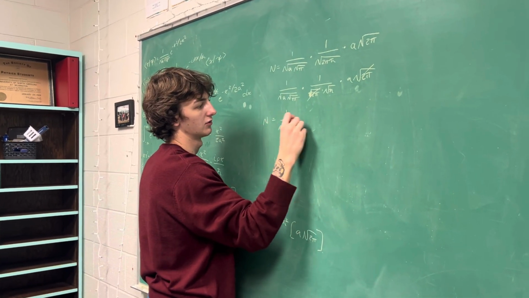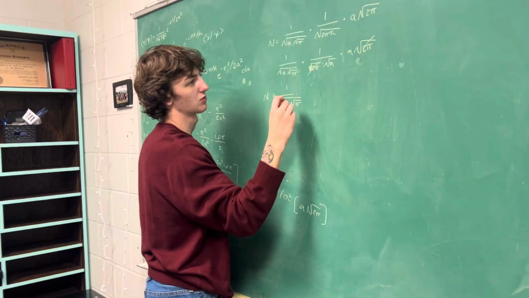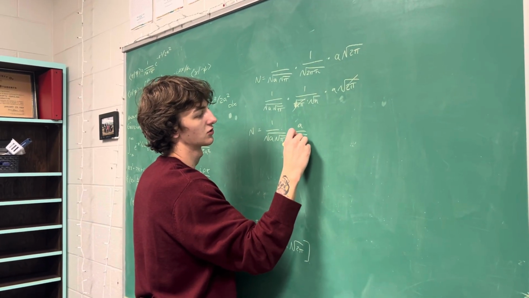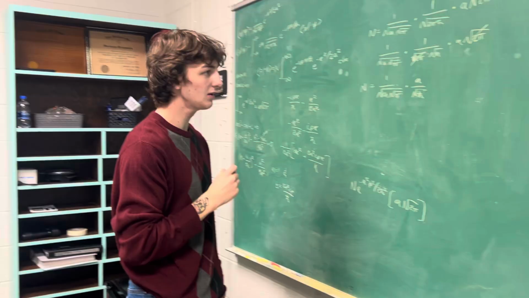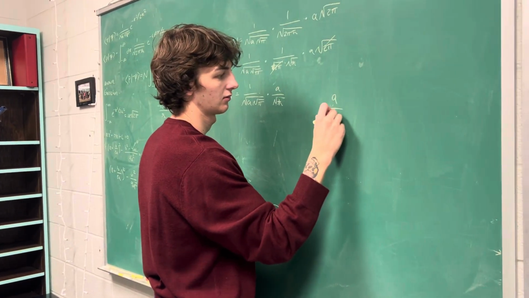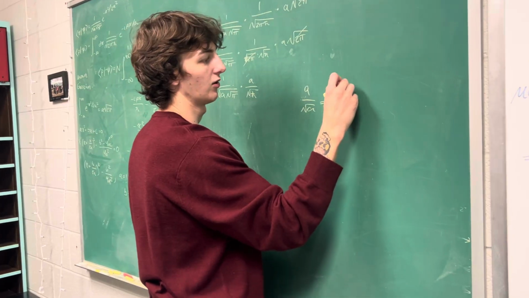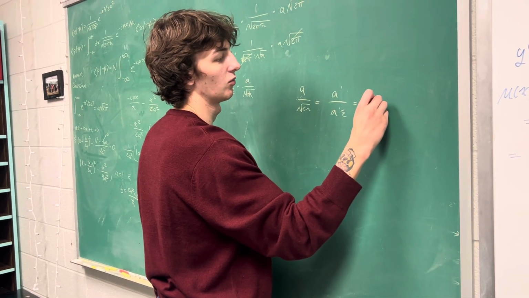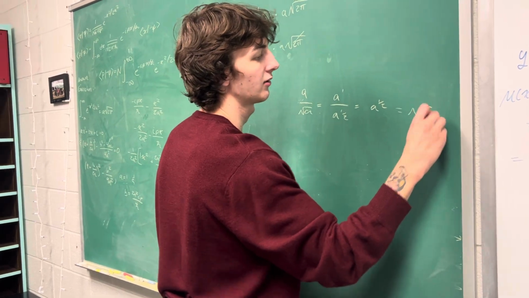1 over the square root of a times the square root of pi times a over the square root of h bar. Now, a over the square root of a is the same thing as a to the 1 over a to the 1/2. So that just becomes a to the 1/2 in the numerator, or the square root of a.